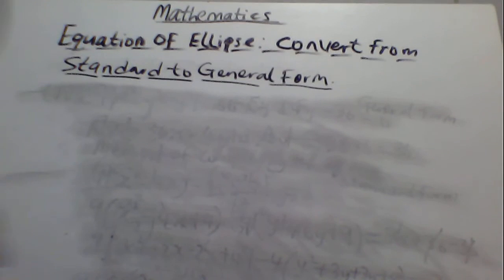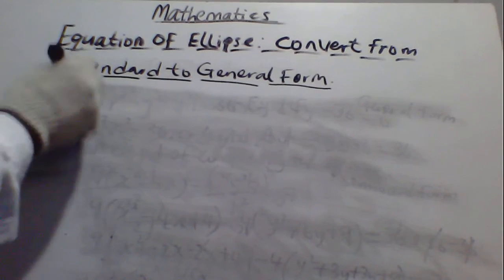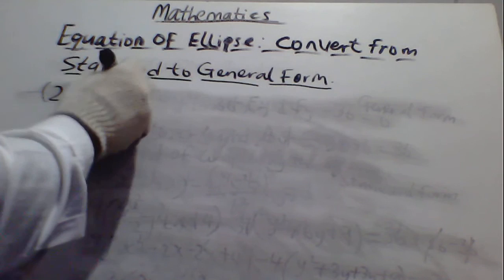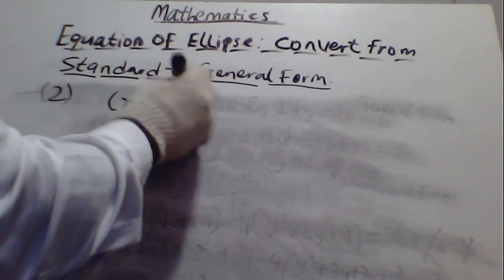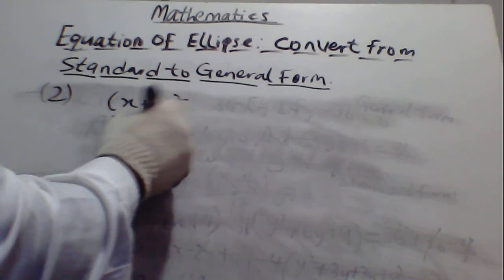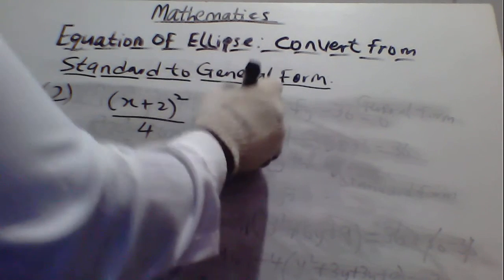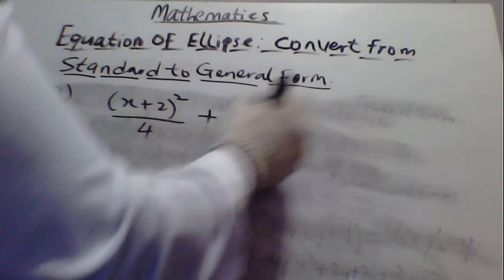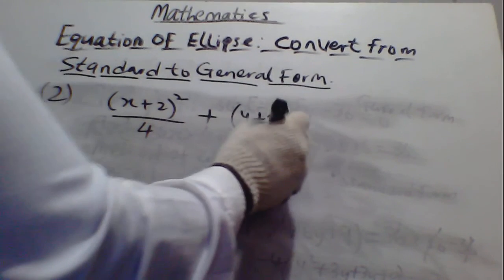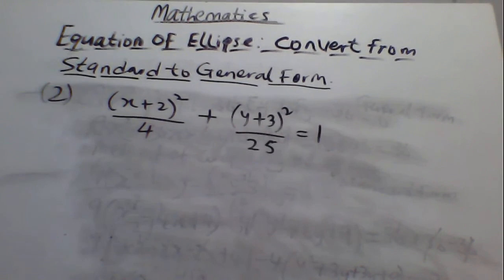Okay, so let's say you are given the second example: x plus 2 squared over 4 plus y plus 3 squared over 25 is equal to 1.